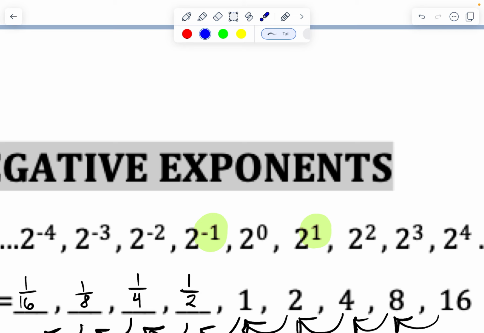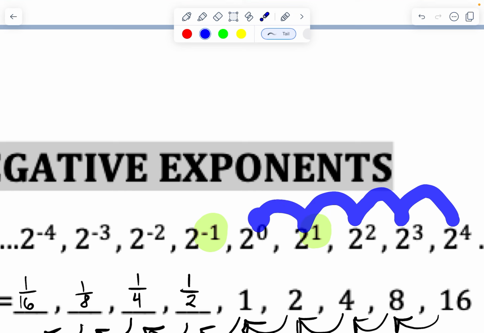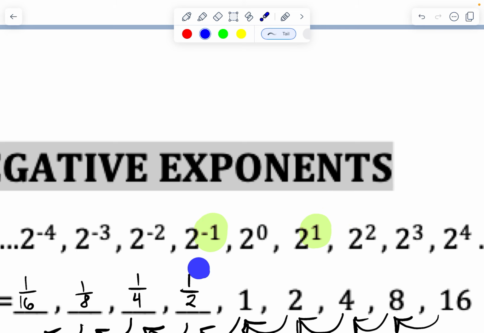If I go from 2 to the 4th to 2 cubed, I'm dividing by 2. And 2 cubed, going down to 2 squared, I'm dividing by 2. And I'm dividing by 2, and divide by 2, and here's our negative exponent. Well, we're going to take 1, because anything to the 0 is 1, and then we divide by 2. And I get 1/2, 1/4, 1/8, 1/16.